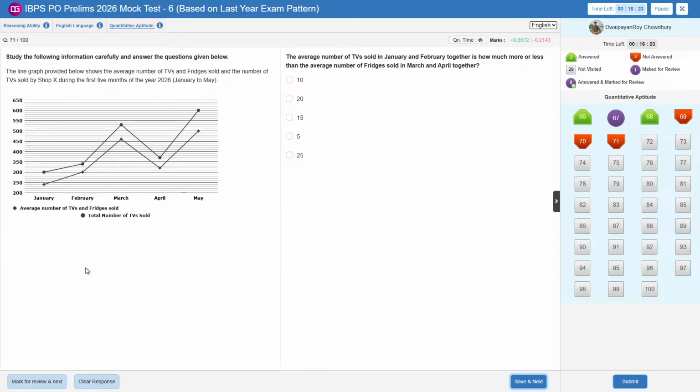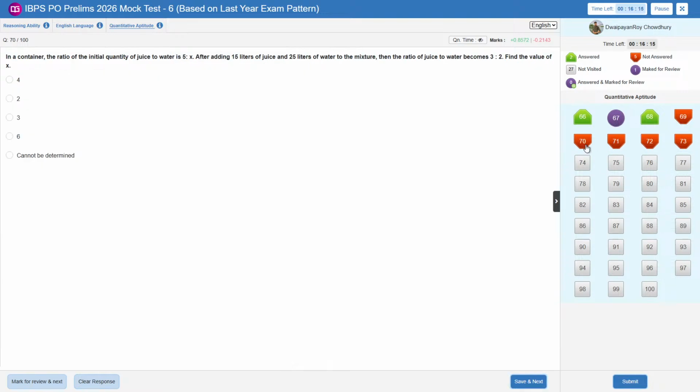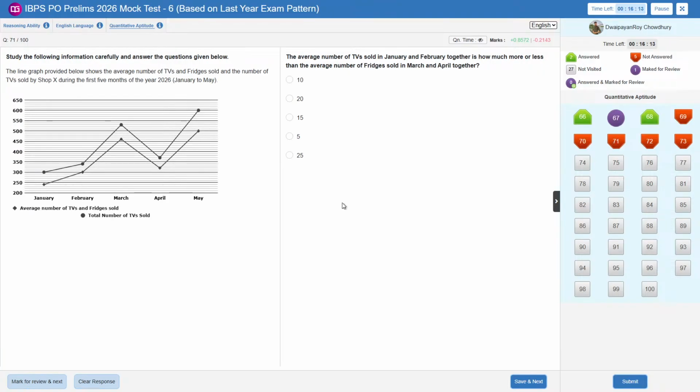Average number of TVs and fridges, total number of TVs. Okay, I think the questions are okay, not that difficult. So Jan, Feb, March, April, May, total TV and fridge total.